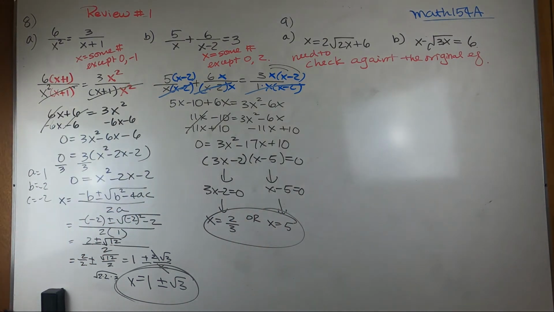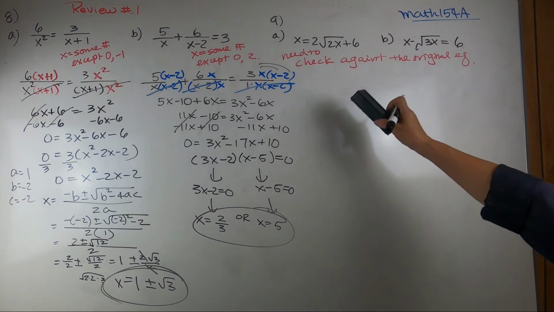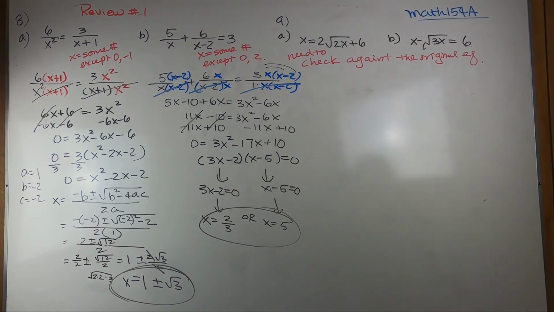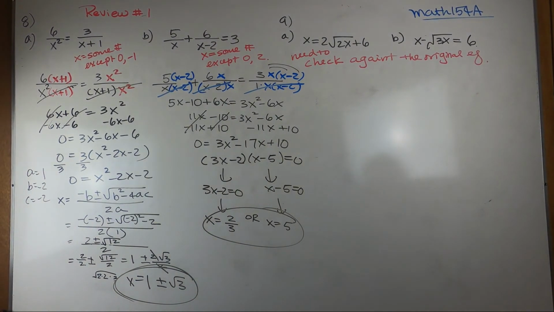So that would be your answer. Shouldn't be too bad, right? You should have one of those questions, rational equations, on your exam. Also, you will have one of the radical equations.